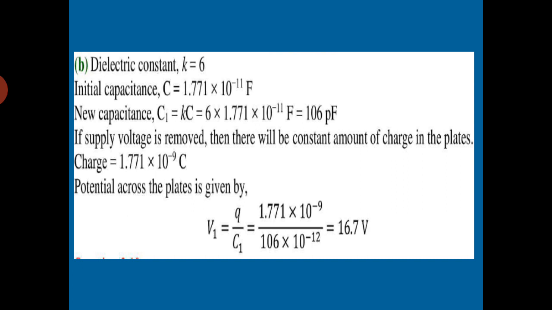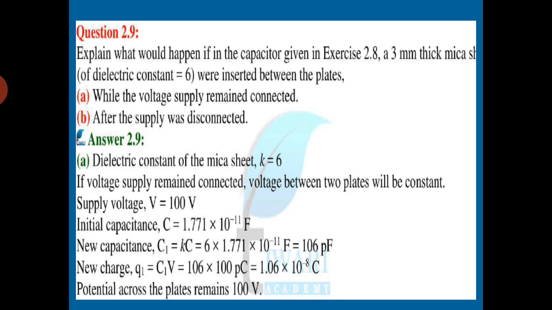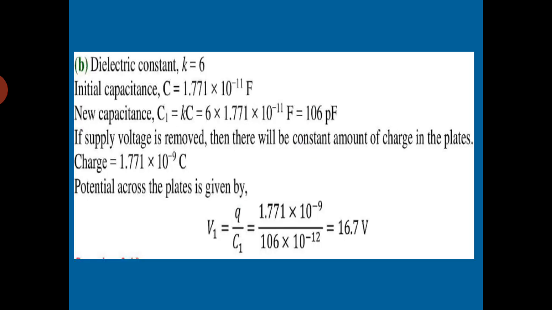Now what is V? You can calculate directly also. The potential applied is not given in the question, so you have to put the formula Q by C1. Q is equal to the initial value 1.771 × 10^-9, C1 which is K times the original value of C, so it is 106 picofarads.